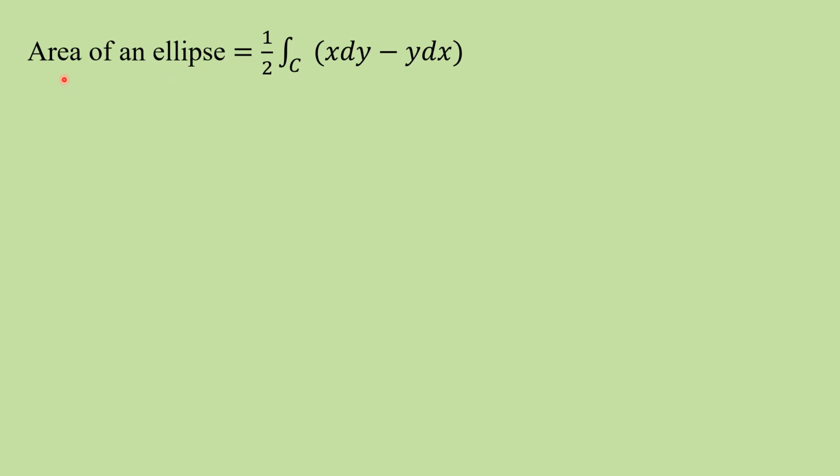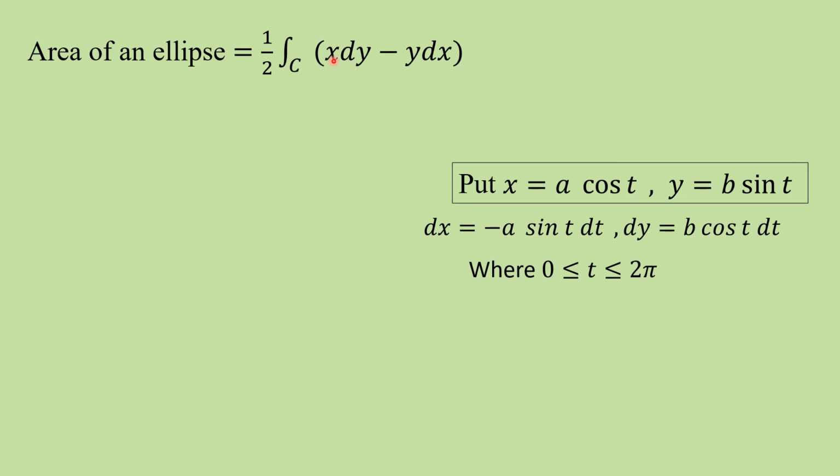As you know, the area of an ellipse, a plane closed curve, we can find by using this result, half times the integral of x dy minus y dx along the curve C, which we have taken from Green's theorem. But since we have the equation of an ellipse, instead of integrating with respect to x or y, we can take the parametric equation, x equal to a cos t, y equal to b sin t.